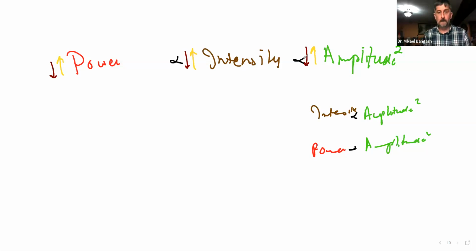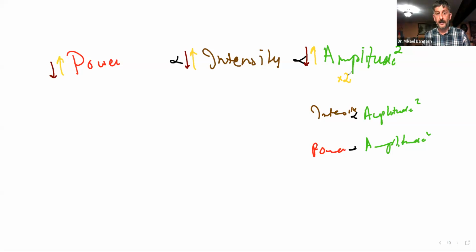Now, what that mainly will mean is, let's do it this way. Let's say the amplitude increases 2 times. Clear?